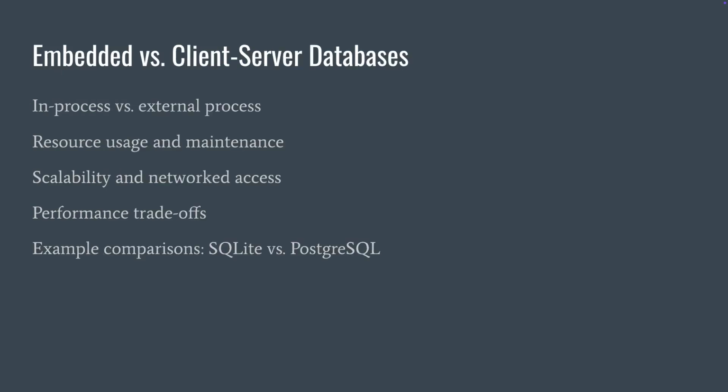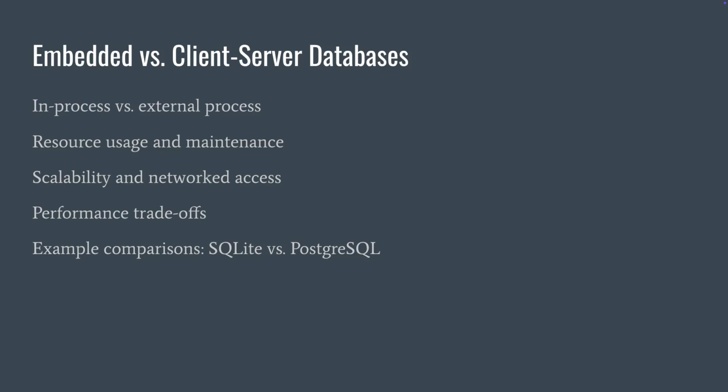Next is embedded versus client server databases. Let's talk about this so that we can put embedded databases in context. We're going to compare embedded databases to traditional client-server databases. In a client-server model, the database typically runs in its own process and often on its own server, and applications connect to it over a network protocol such as TCP/IP.